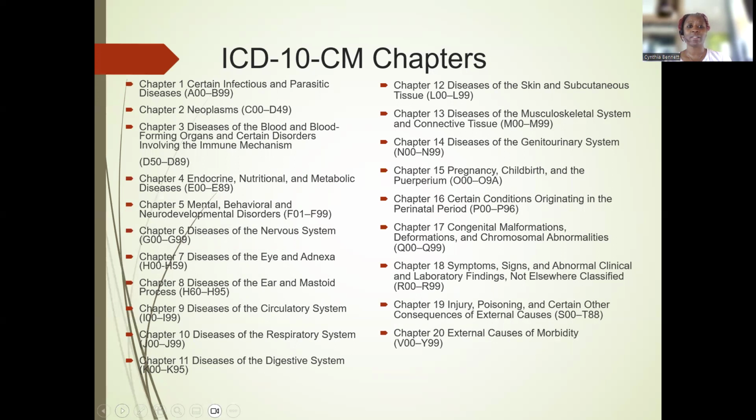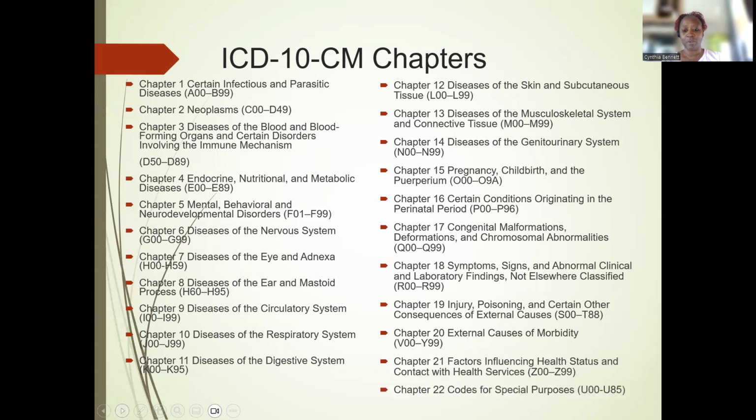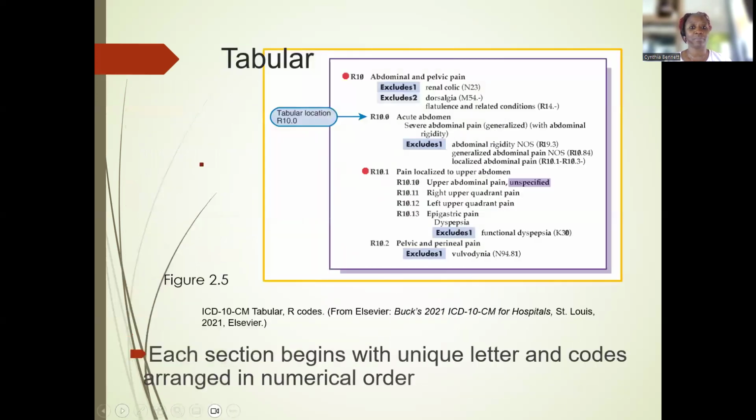If it is a neoplasm, it's going to begin with C00, and the last section for that is D49. So you'll start to notice that there is a pattern when it comes to the different diseases and the different diagnoses and their categories. So 20 is for your external causes, 21 is for factors influencing your health, and then 22 is for special purposes.